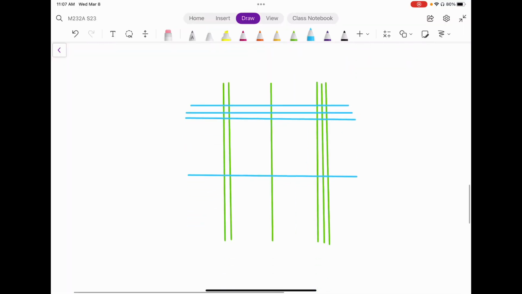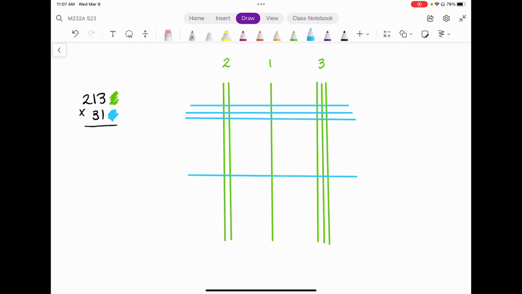Next, we're going to use lines and intersections to multiply 213 by 31. For each different place value, you want to represent by that many lines. So for instance, for 213, I represented that in green, and I represented 31 in blue. The first 2 lines represent the 2 for the hundreds, the next line represents a 1 for the tens, and the 3 is represented by these 3 lines.